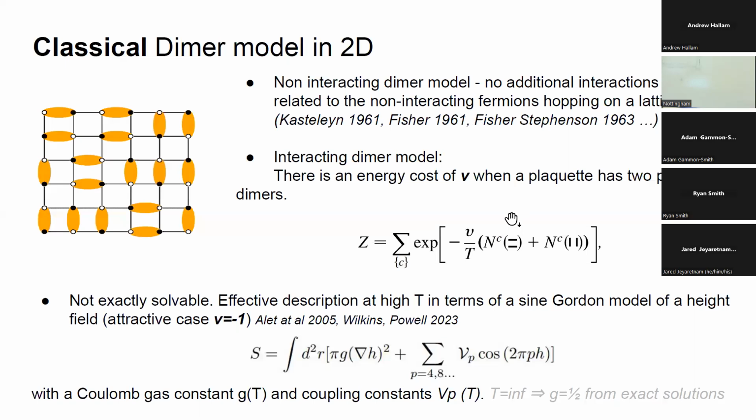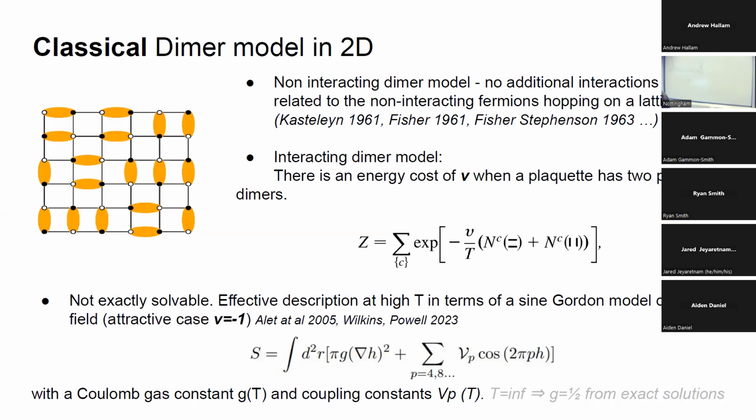The interacting dimer model can be mapped to a height model, a sinusoidal model, with the action of this form, where G is the Coulomb gas constant, which describes the fluctuations of the height, and this describes the tendency of the interactions between the dimers to cause the dimers to align in certain directions.